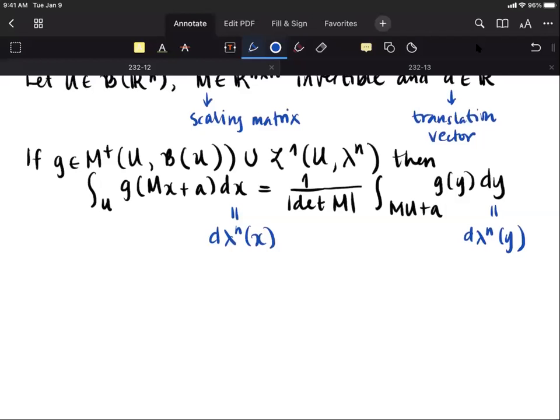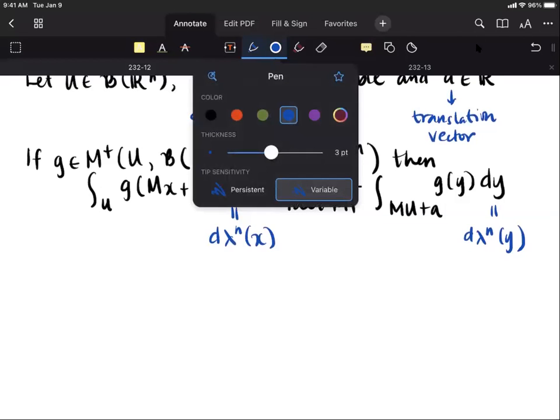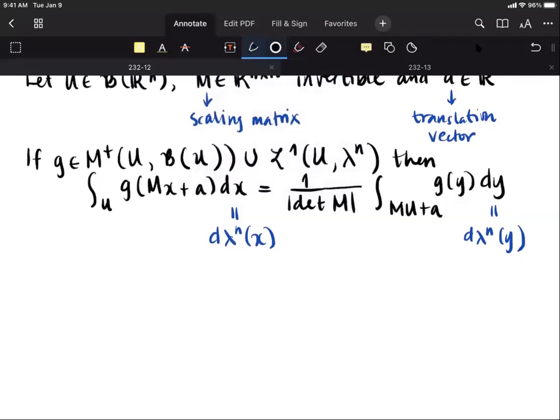So symbolically, this means that we use the change of variables from x to y as follows.